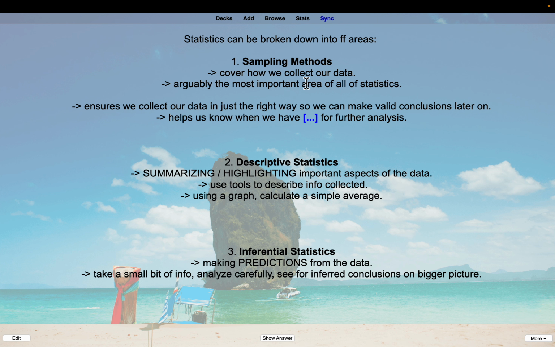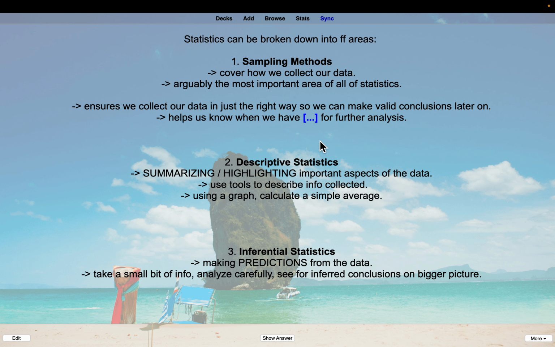So we need to find ways, usually ways that are considered credible or accepted, in trying to investigate a certain scientific inquiry in the real world. So it ensures that we collect our data in just the right way so we make valid conclusions later on.